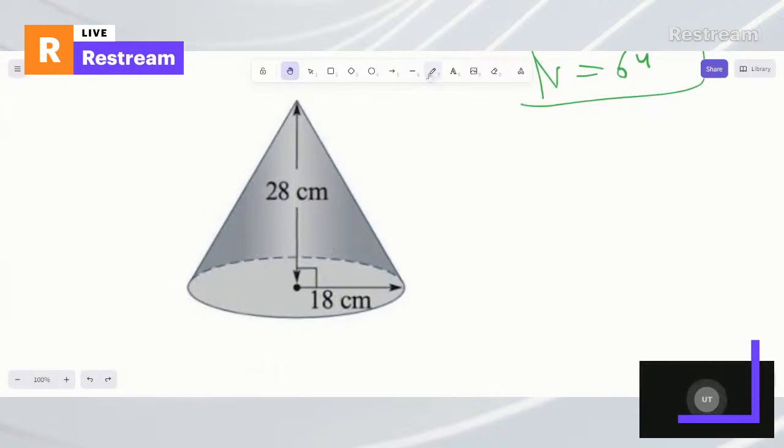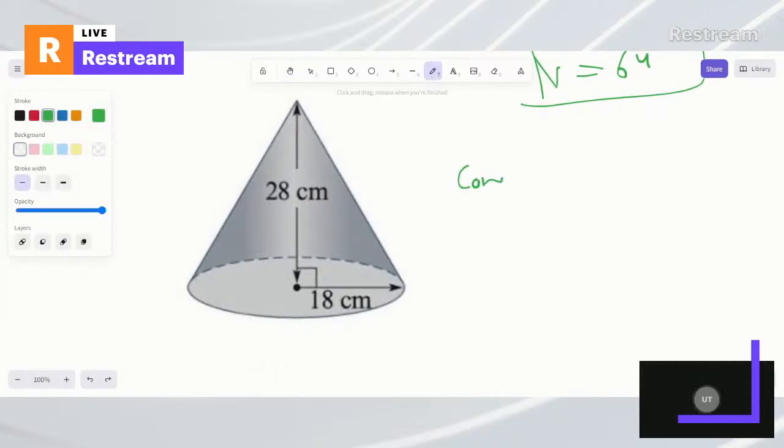So now let's come to cones. Essentially, I just told you that cones are exactly the same thing as a pyramid with a circular base, right? So the formula is 1 over 3 times base area times height.